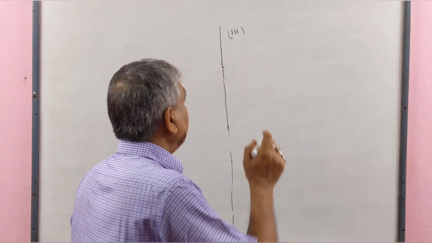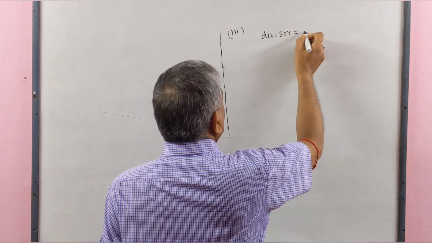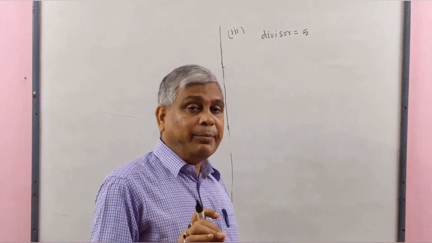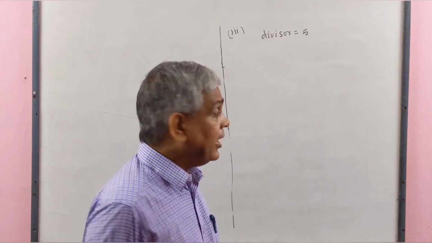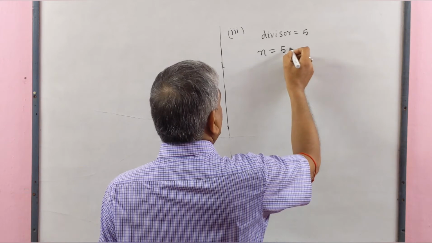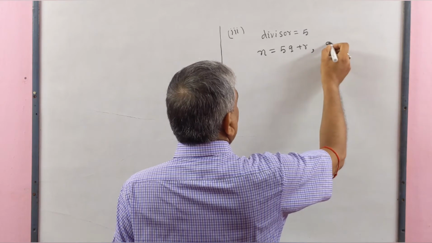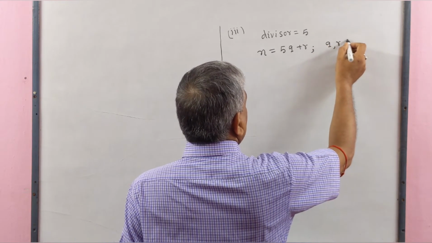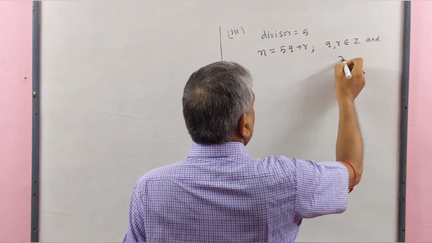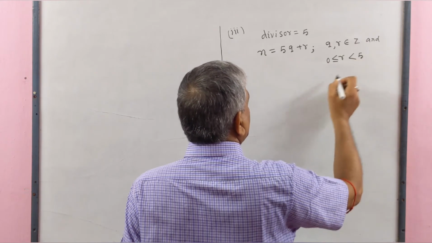If the divisor equals 5, then any number n is represented as 5q plus r, where q and r are integers and r is greater than or equal to 0 and less than 5.